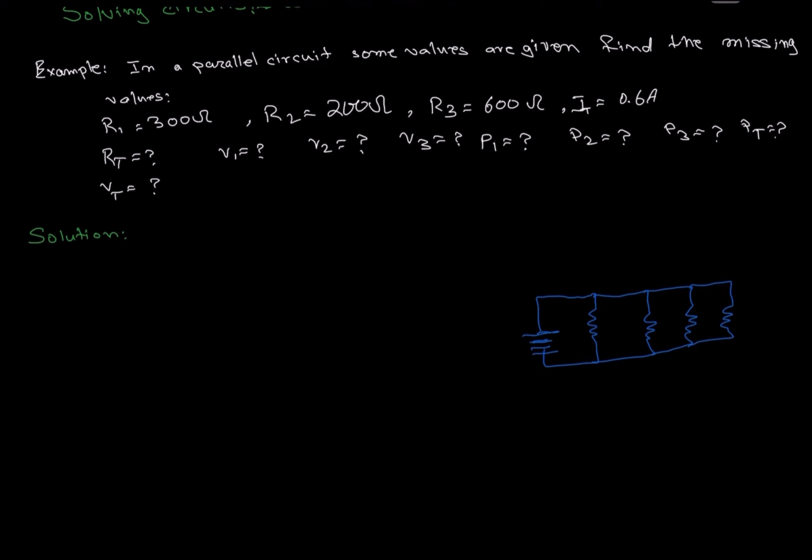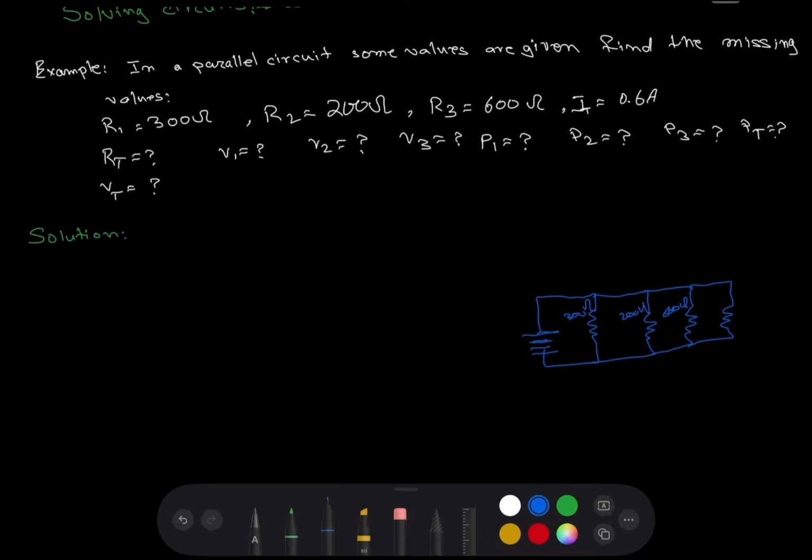R1 is 300 ohm, R2 is 200 ohm, R3 is 600 ohm. We don't have R4 actually. It's a good thing we have R3 only. We'll cut down the circuit right here.